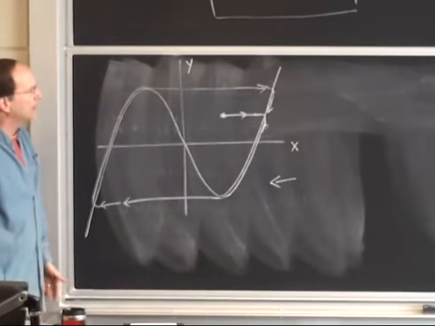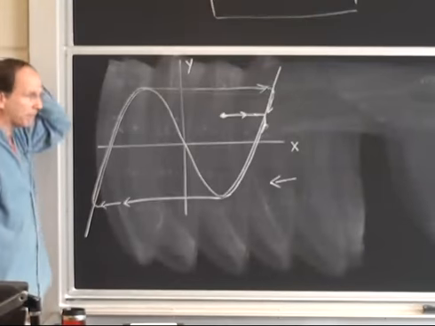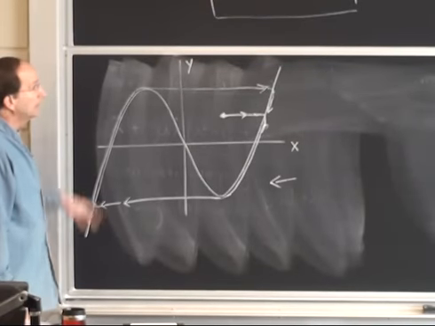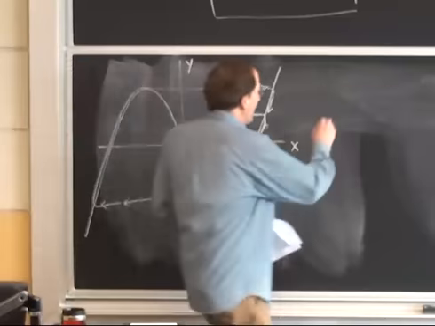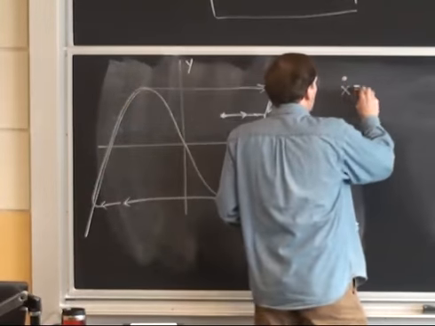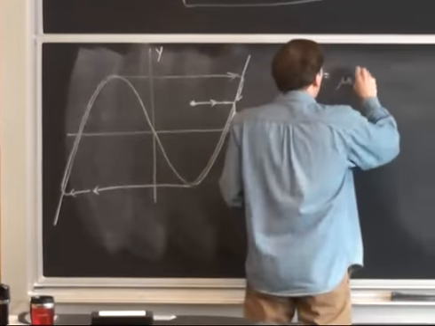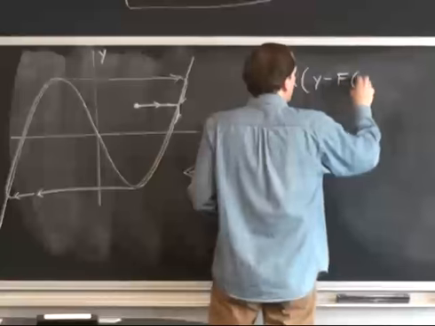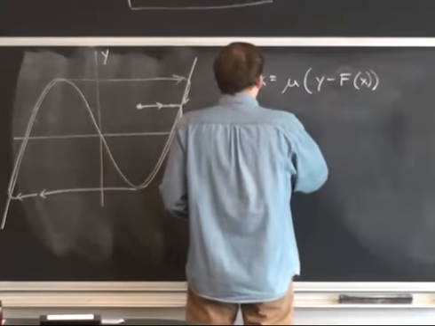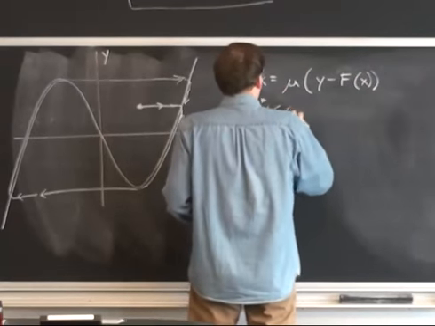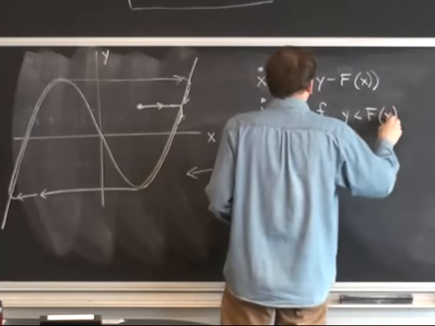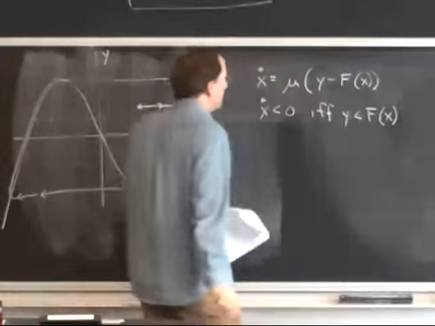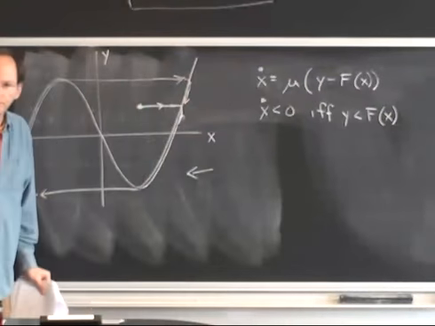Well, one thing is you can tell that by looking at the equation for x dot. Okay, so x dot, which is mu times (y minus f of x). x dot is negative if y is less than f of x. I should say if and only if. Right?